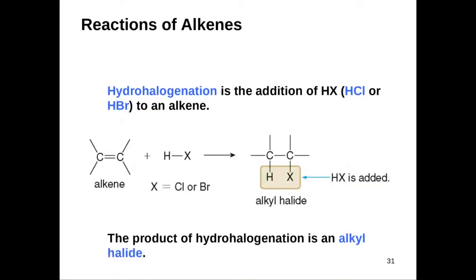Hydrohalogenation is when we have an acid, so hydrobromic acid or hydrochloric acid, so HBr and HCl, and we stick them on. And we're sticking on both the hydrogen and the halogen. Now, what we've attached is an alkyl halide. So, not technically a new term, but refreshing your memory on a term we heard in the first class, an alkyl halide, HX.